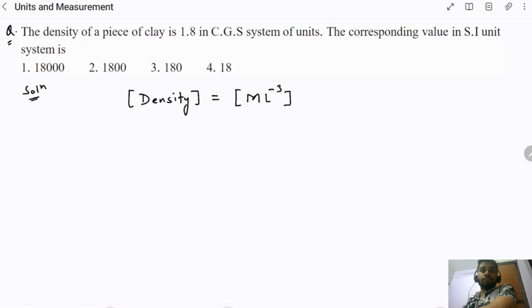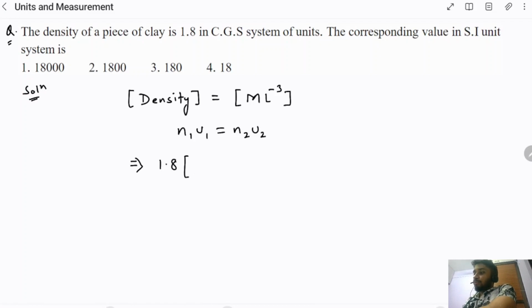Now the next step is N1 U1 should be equal to N2 U2. N1 is the value in the first unit and N2 is the value in the second unit. Here the first unit that we have is CGS unit, so the value given is 1.8. So 1.8 into U1.